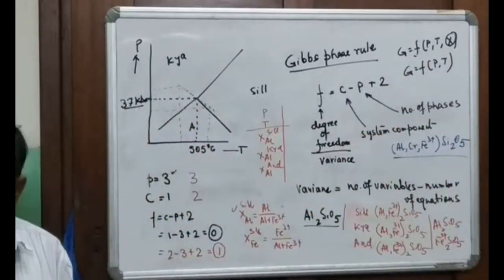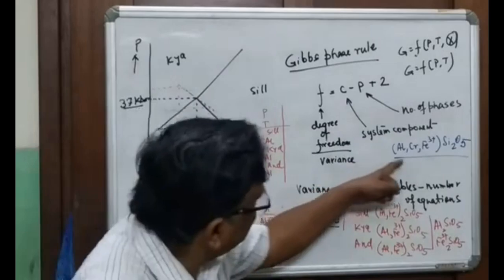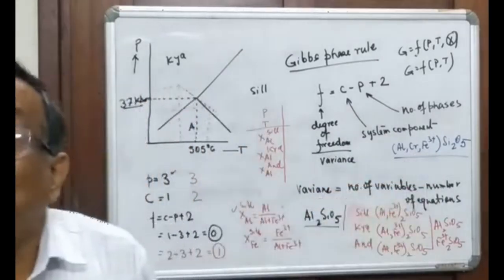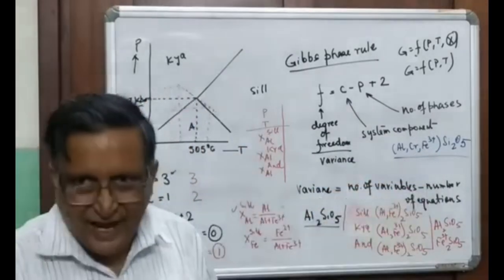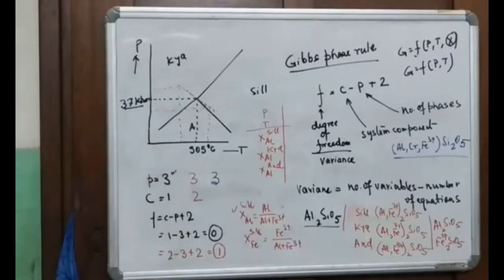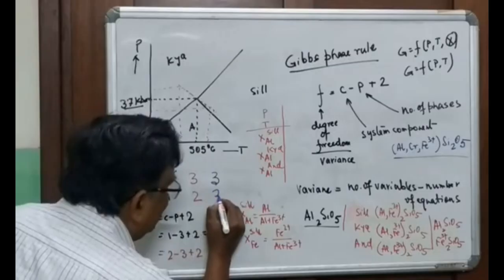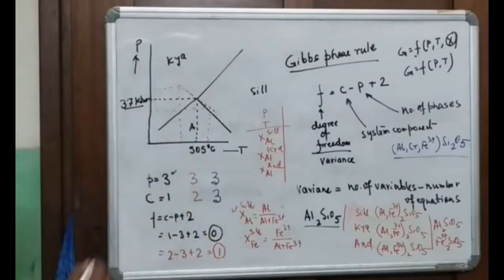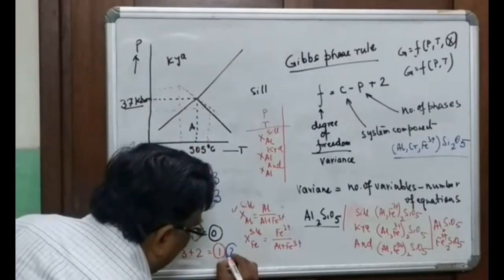Now what happens? This is my blue pen. Your sillimanite could contain chromium. And if you do that, then you can see C is now equal to 3. This now becomes equal to 2.